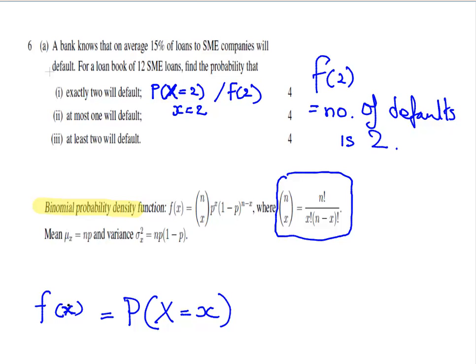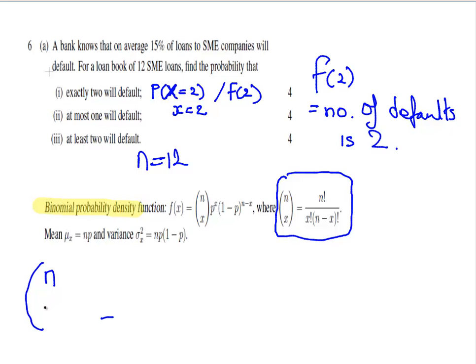So for f of 2, what we have to do first is compute this expression over here. Let me write it out. And remember, n here is 12. So n choose x. This is how many ways we can choose a group of x items when there are 12 to choose from.